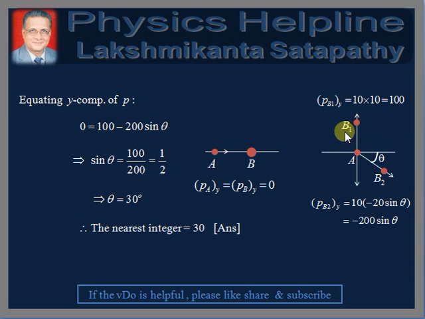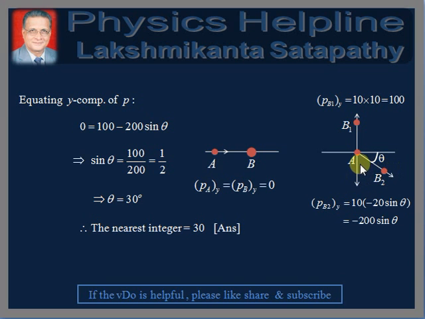Now, mass of B1 is 10 kg and it is moving along the y-axis with speed 10 meters per second. Therefore, linear momentum of B1 in the y direction will be equal to 10 into 10, which is equal to 100 kg meter per second. That is what we have put here, first term on the RHS. And second one, PB2.